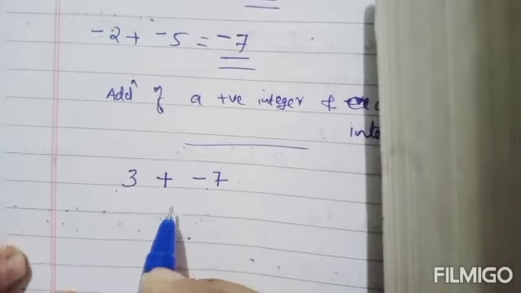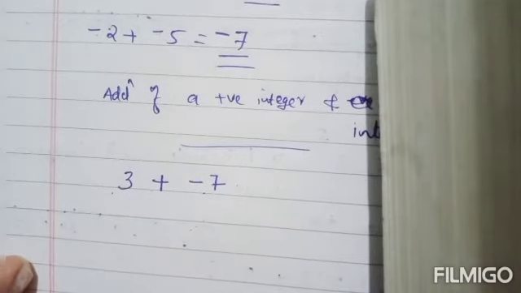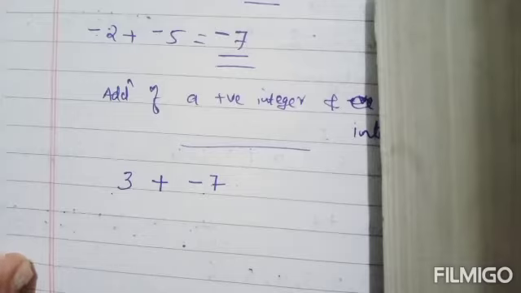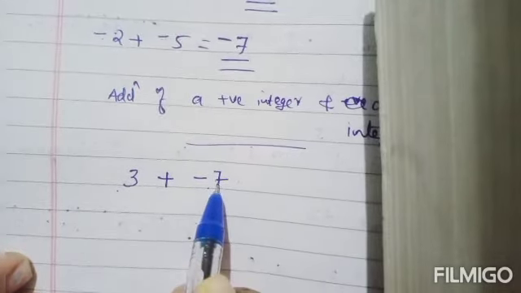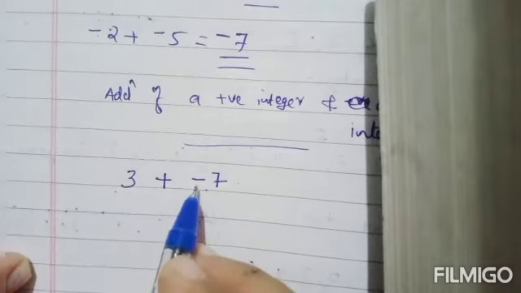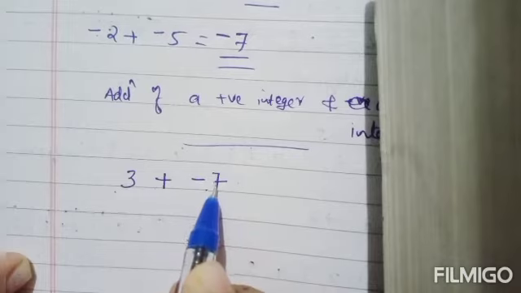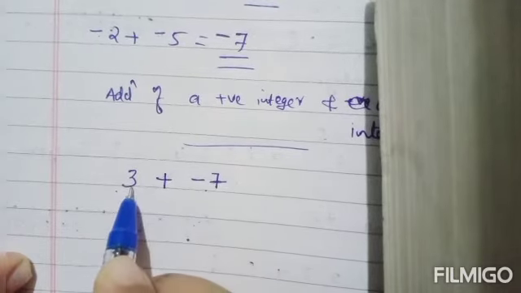In order to add a positive integer and a negative integer, first subtract the smaller number from the greater number. Here you can see 7 is greater, 3 is smaller. Don't take the sign now. Simply take 7.